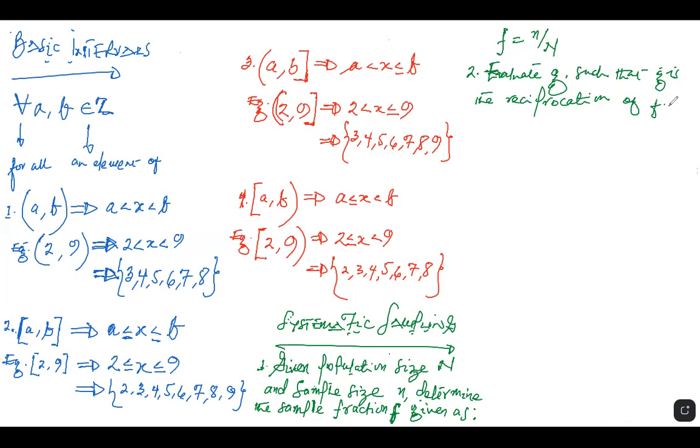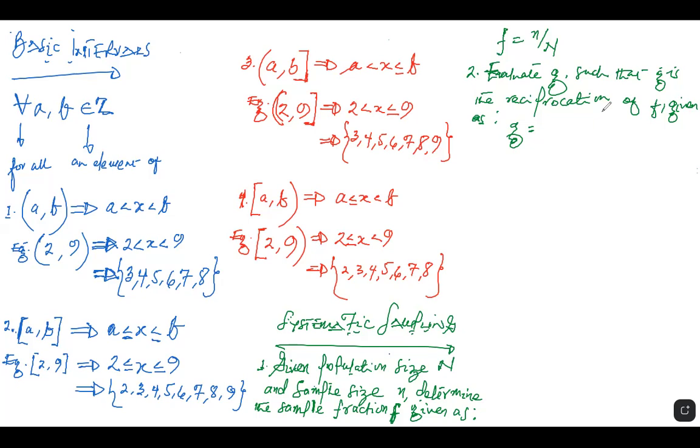Okay, so after we find F, we need to find another quantity that we call G. And G is simply a reciprocal of F. What does it mean? G is equal to, what does it mean to take the reciprocal?